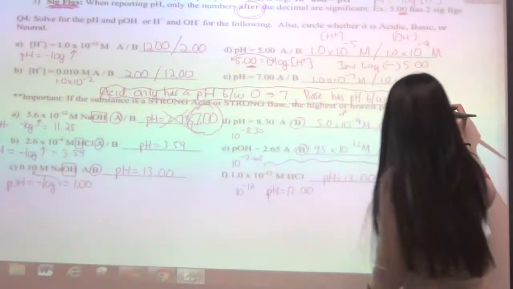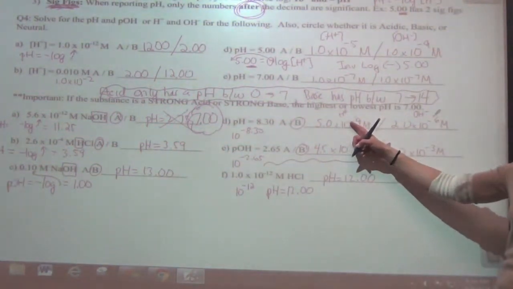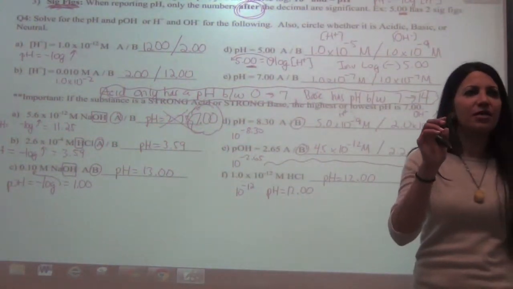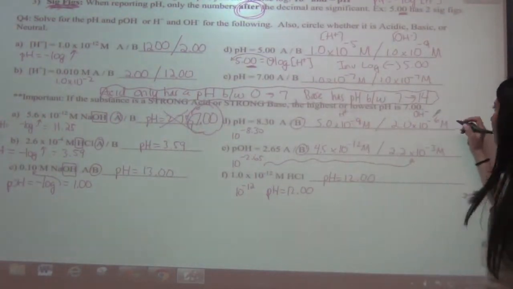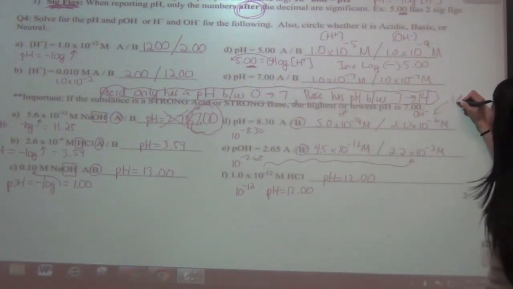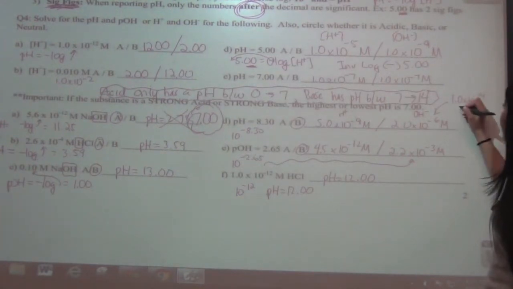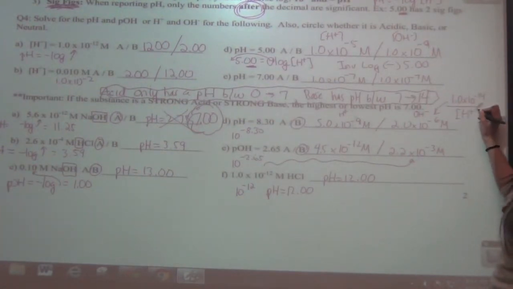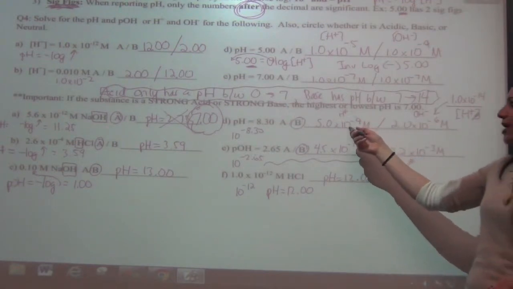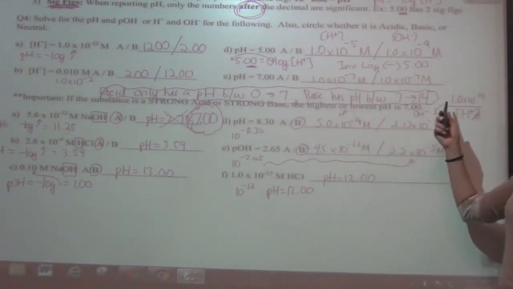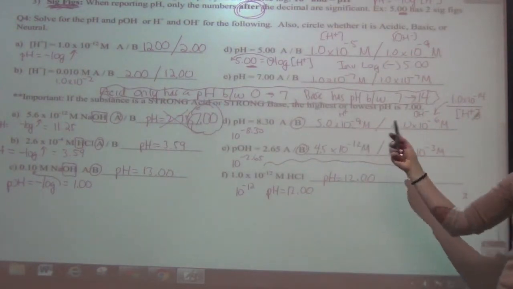How do you find the OH- when you know the H+? There are two ways to do this. One way is using the Kw equation: 1 times 10 to the negative 14 divided by your H+. That'll give you your OH-. And if you already have this in your calculator, I think it's easy enough to just do this divided by answer to figure out this one.